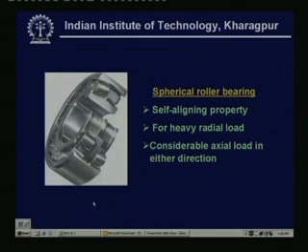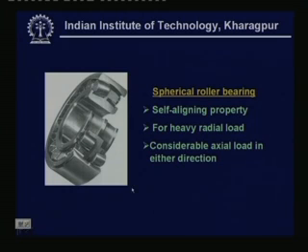Then we are having the spherical roller bearing, and this particular bearing has got a self aligning property. This is for the heavy radial load as is being mentioned. Considerable axial load in either direction can also be applied onto these bearings.